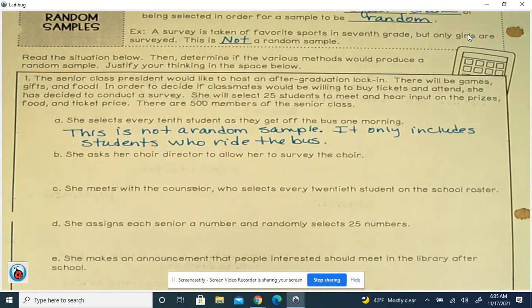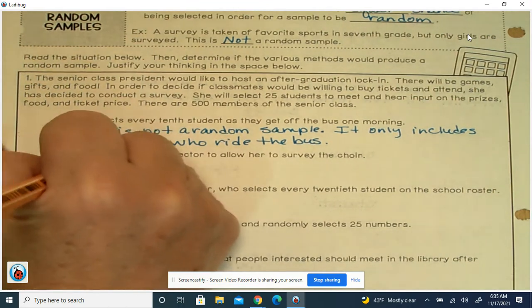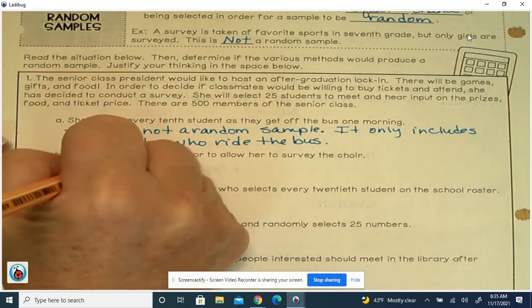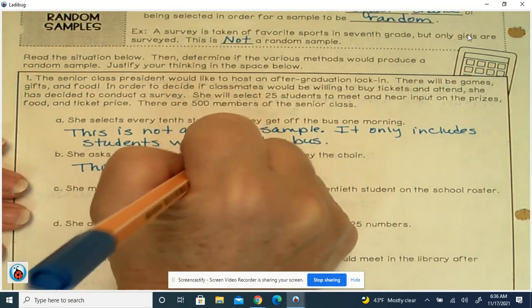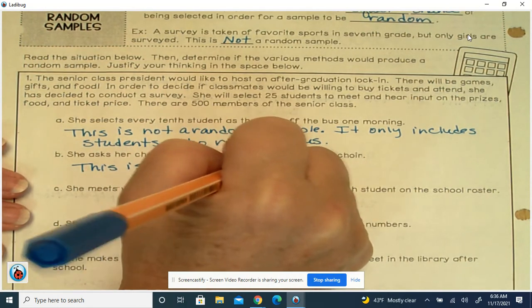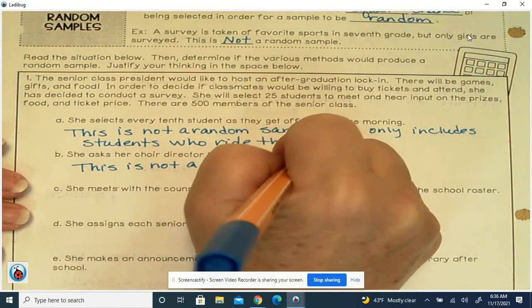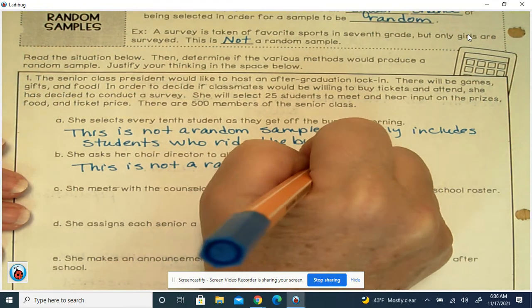B, she asked her choir director to allow her to survey the choir. This is not a random sample. Can anybody tell me why? It's because she's only surveyed members of the choir.